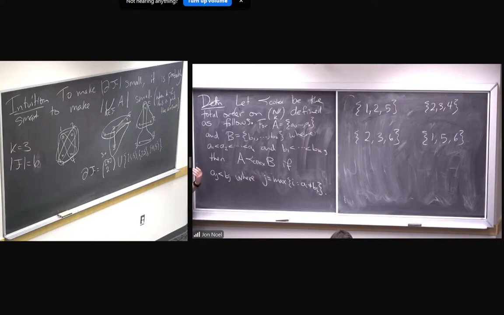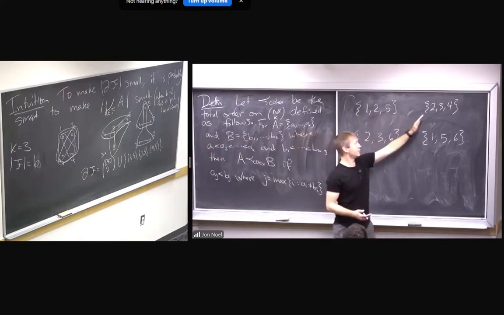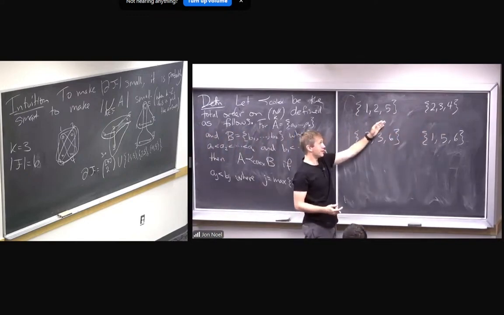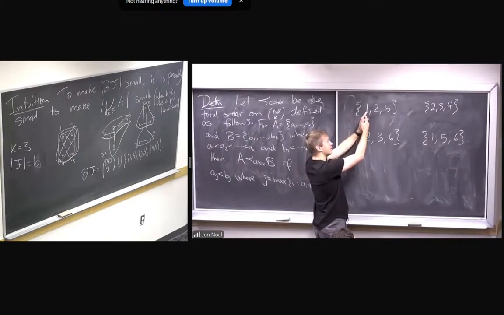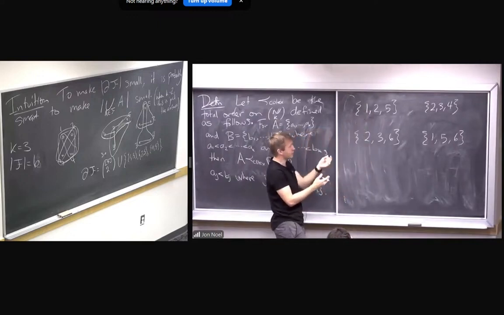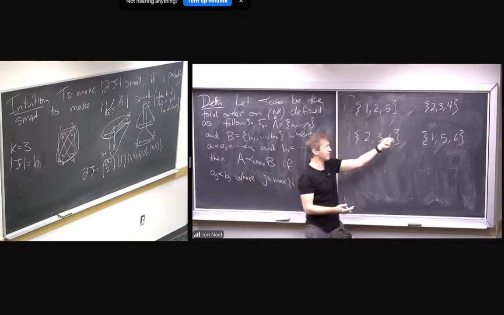Colex is related to lexicographic order, but it's not the same, right? If I was doing lexicographic order, thinking of this as a word, like 1, 2, 5 versus 2, 3, 4, and I said which one comes earlier in the dictionary, it'd be this one, because I look at the 1 and it's less than the 2. Lexicographic order looks at the lowest place where they differ and says which one's smaller. But colex looks at the highest place where they differ, and says which one's smaller.